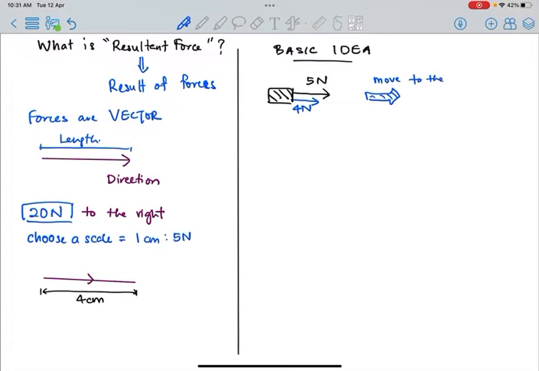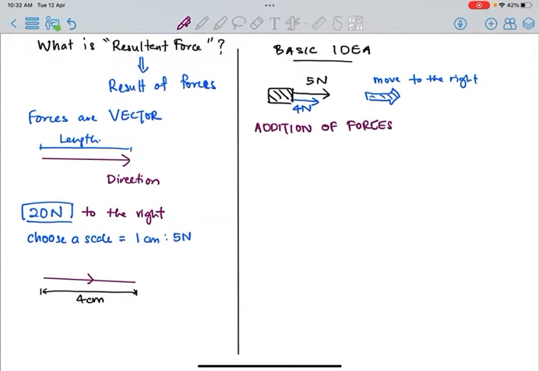Logically we know that, right? But since the box is moving to the right, what is the resultant force that causes it to move? We need to find the result of the forces acting onto the box. We can realize it based on the idea of addition of forces, or it can be subtraction, but we will go with addition first.